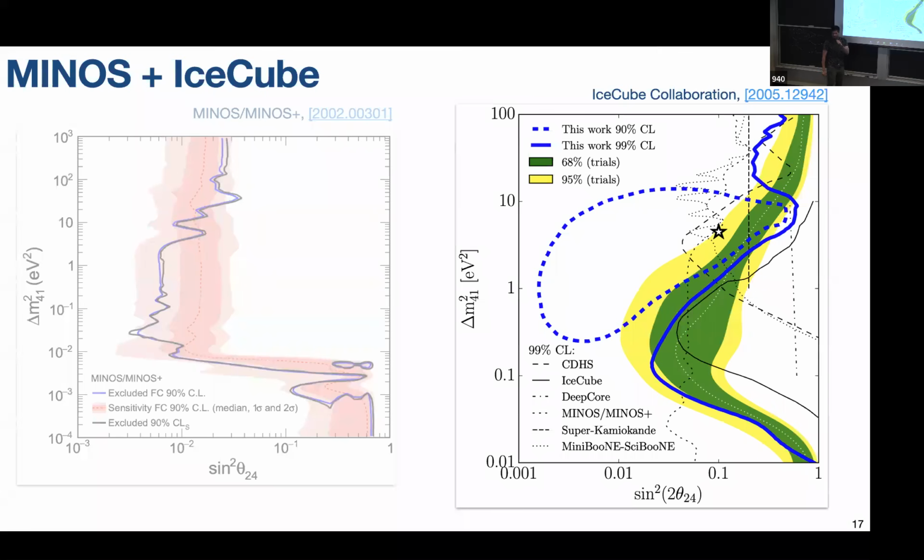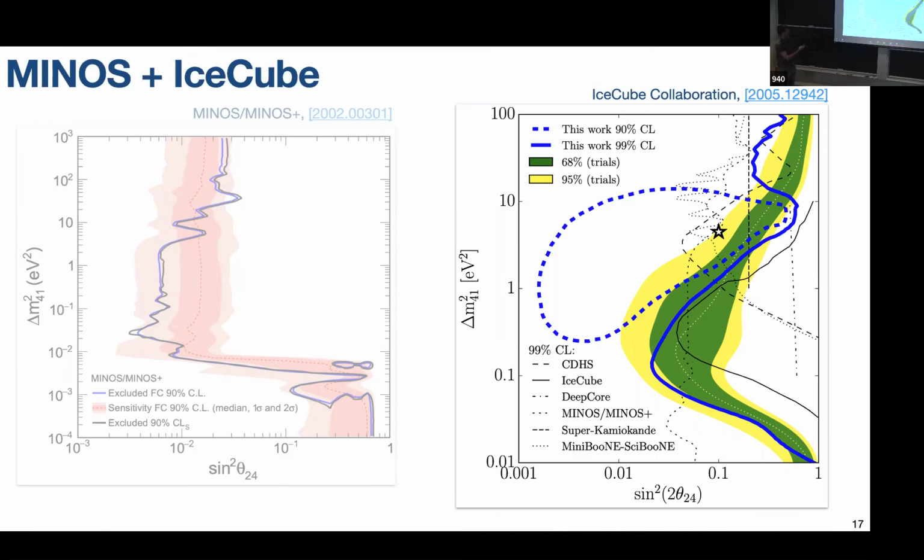And the sterile enters this whole problem in an interesting way because it doesn't interact with the matter. Nevertheless, they set this constraint at 99% confidence level. They do see this hint that might be tantalizing around 2 electron volts squared, but it's a 90% confidence hint. I think it's less than 2 sigma. So again, it's modest at best.